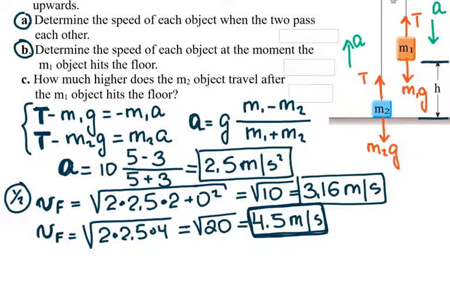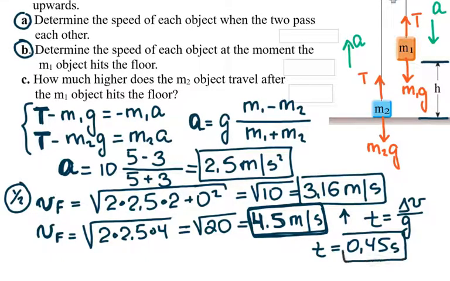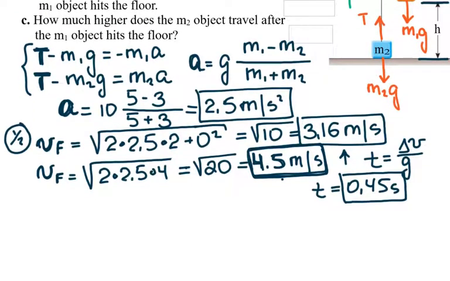And M1 is stopping, but M2 still flies up at the velocity of 4.5 meters per second. It will take M2 the time of change of the velocity over the acceleration. So the time for it to stop is going to be 0.45 seconds. So in only 0.45 seconds, M2 is going to stop. So I can find what height it will go to, because the C part is where they ask you the height it goes to.